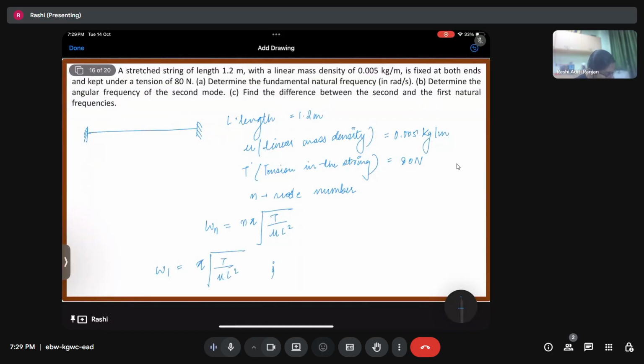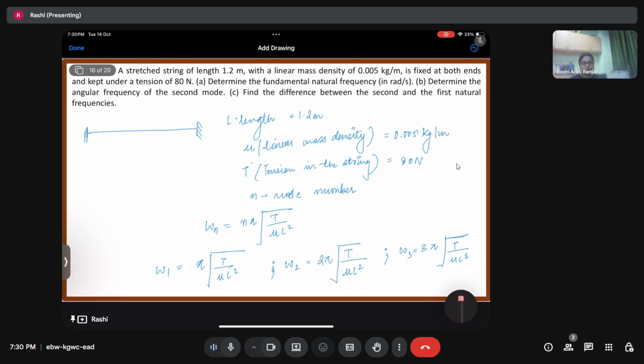Omega 2 is what? 2 pi under root T by mu L square. Omega 3 is what? 3 pi over L under root T by mu. Okay, this is the case.